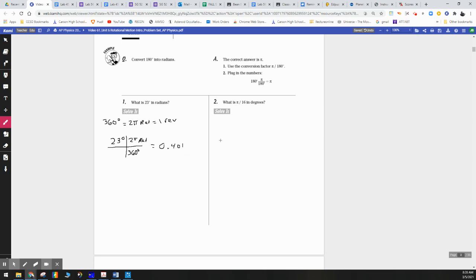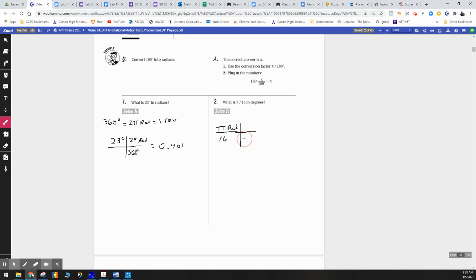Okay, and then number two is asking what is pi over 16 in degrees. So this is assumed to be in radians initially, so we're going to put radians here, and we'll do the factor label method. So this is just 3.14. And what is it in degrees?